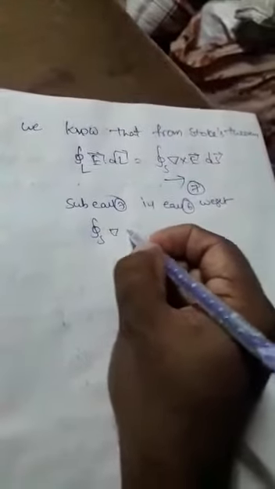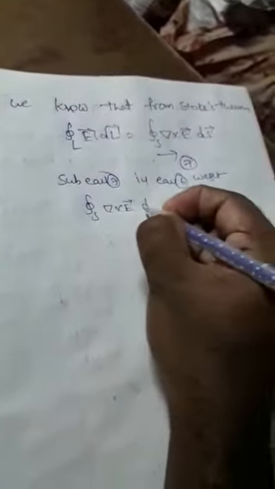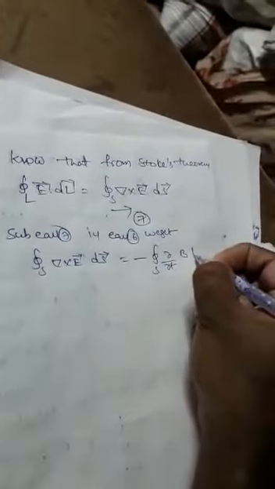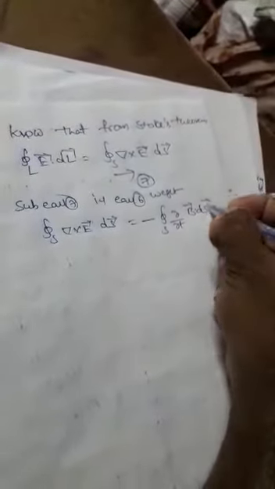Substituting equation 7 in equation 6, we get the closed surface integral of curl of E bar dot dS bar is equal to minus the surface integral of dou by dou t of B dS. B dS is nothing but B bar dot dS bar.